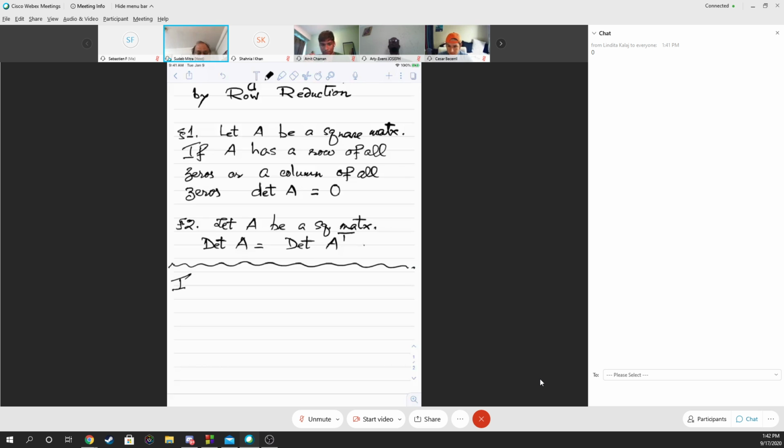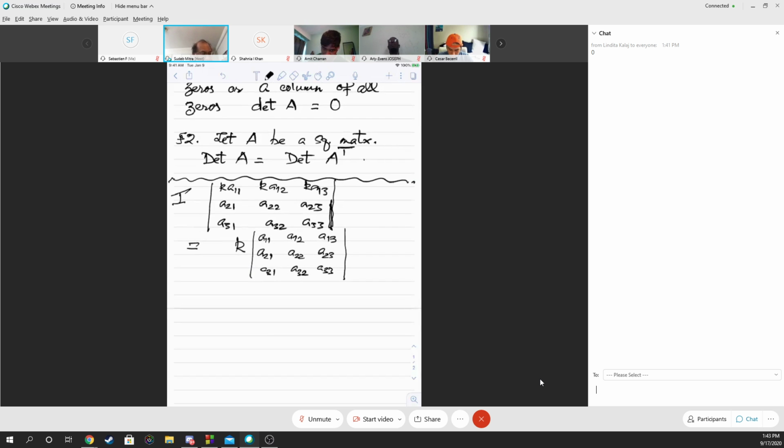So this is number 1. Suppose you multiply the first row by K. So that is equal to K times this determinant, A11, A12, A13, A21, A22, A23, A31, A32, A33.